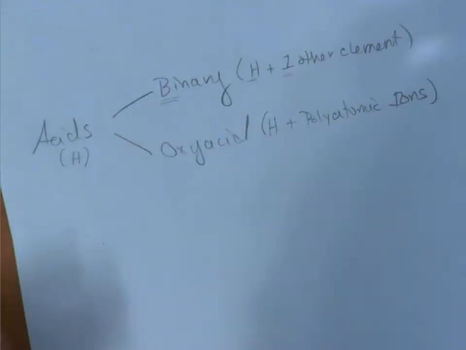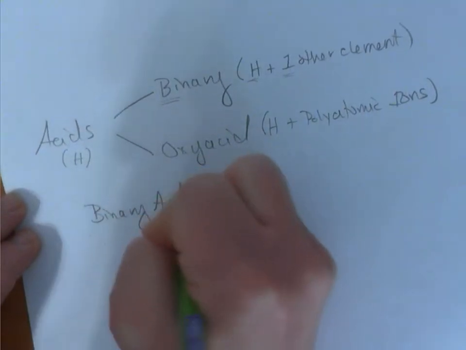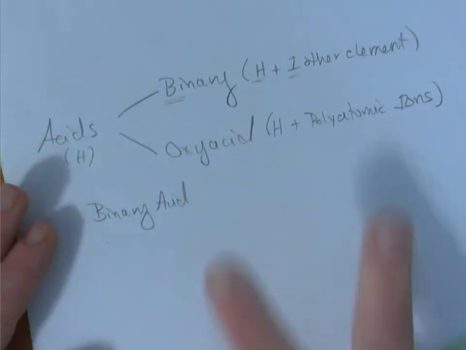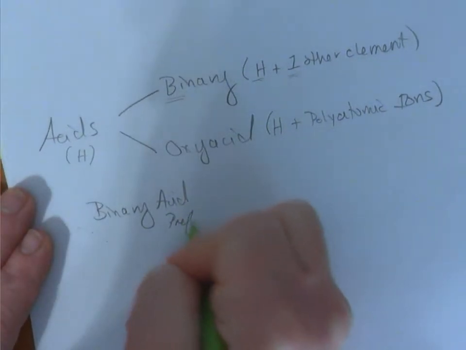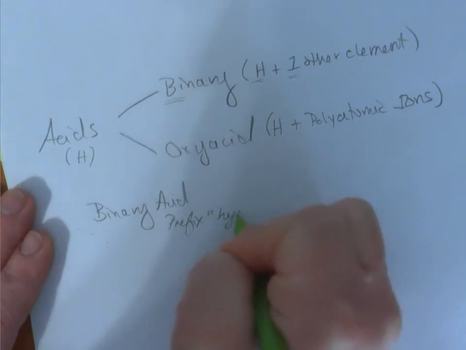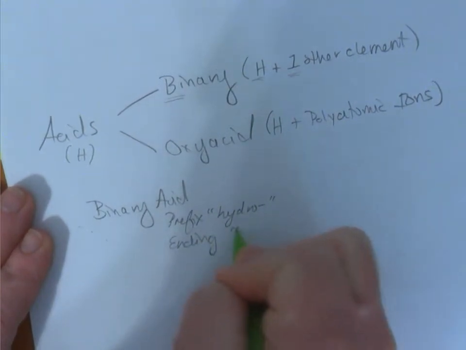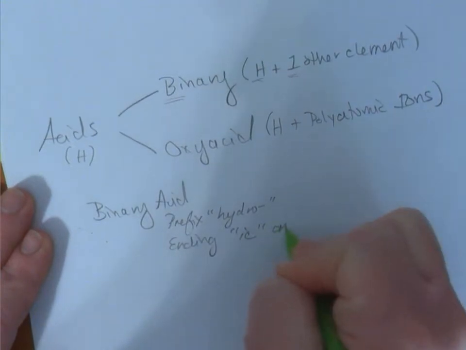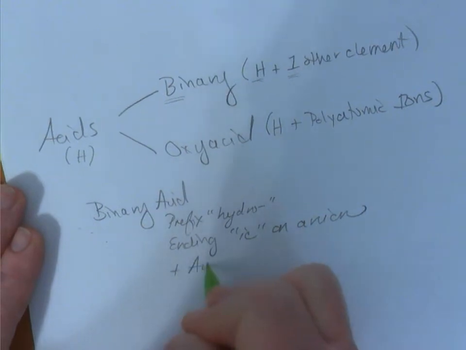All right, so a binary acid. A binary acid, even though it's only made of two elements, actually has three parts to its name. We have the prefix of hydro. We have the ending of ic on the anion. And we have the word acid.